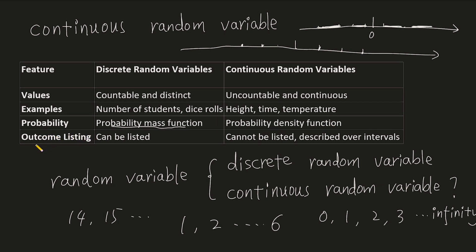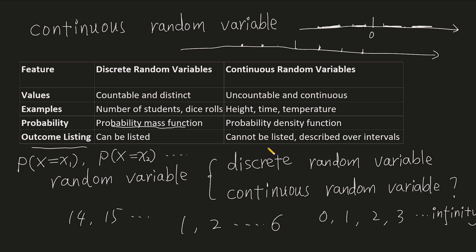And the third difference between a continuous random variable and a discrete random variable is the outcome listing. So we can list all the probabilities of a discrete random variable. We can list them as the probability that the random variable equals x1, the probability that the random variable equals x2, and so on.